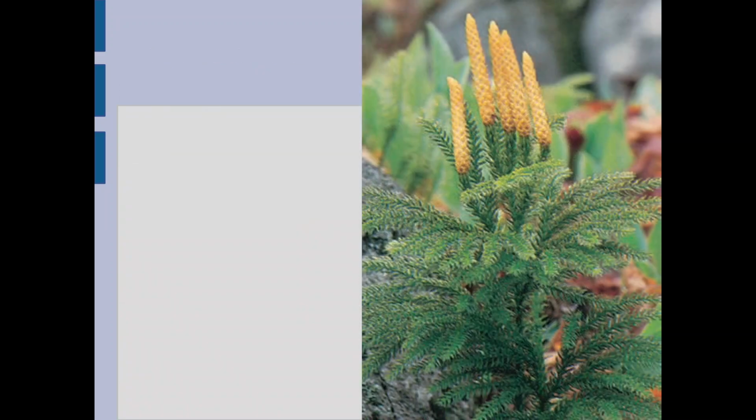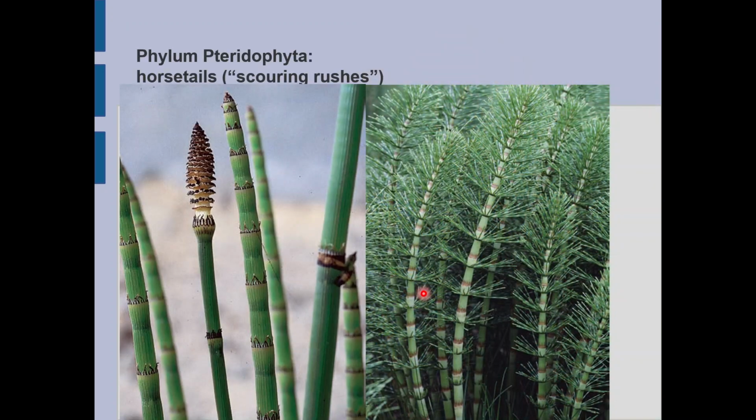Small leaves represent microphylls, and they are fused in whorls at each node. So, like here, microphylls, and the main organ of photosynthesis is the main stem.